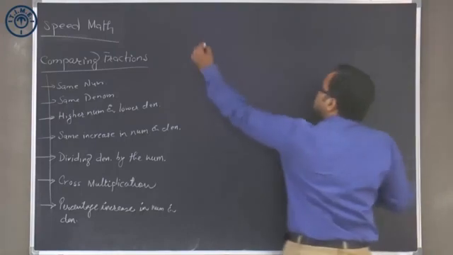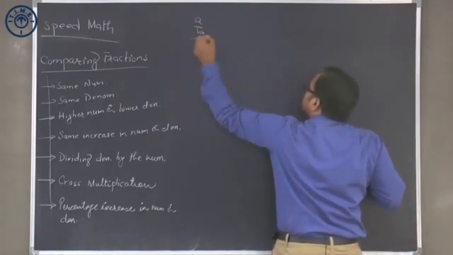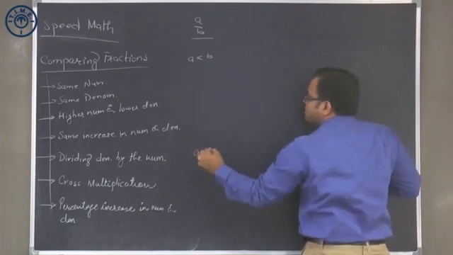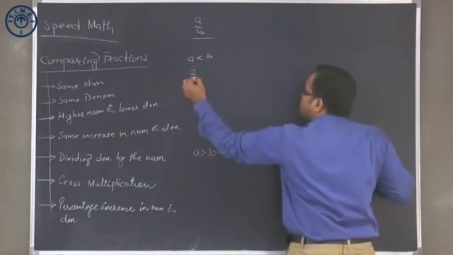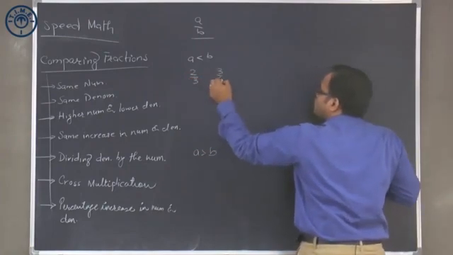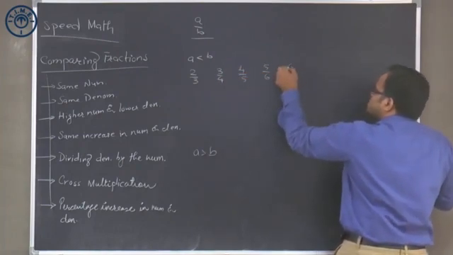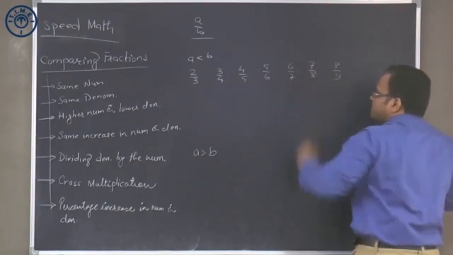Same increase in the numerator and denominator. There can be two possibilities. Let us say a fraction is of the form a upon b. In this, a is less than b in the first case, and a is greater than b in the second case. If a is less than b, let us say we have to compare 2 upon 3, 3 upon 4, 4 upon 5, 5 upon 6, 6 upon 7, 7 upon 8, 8 upon 9.